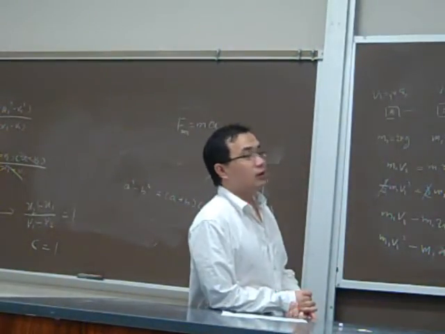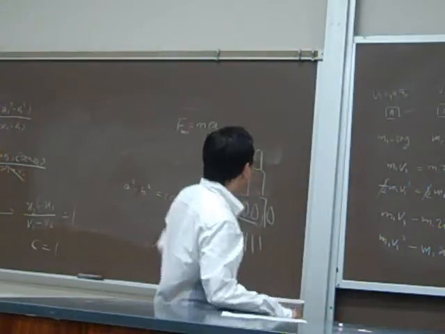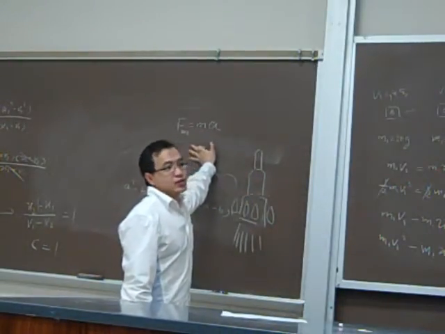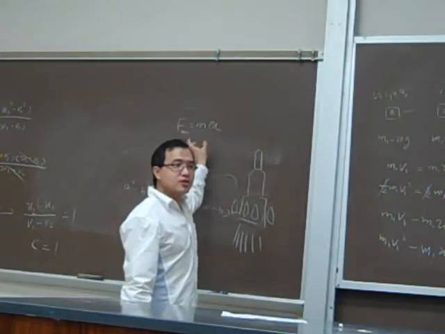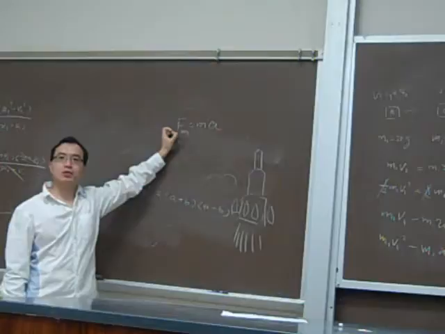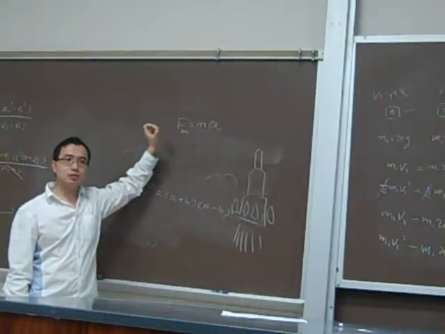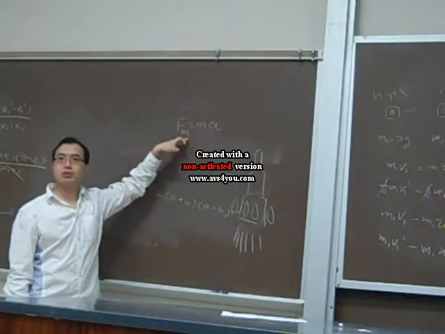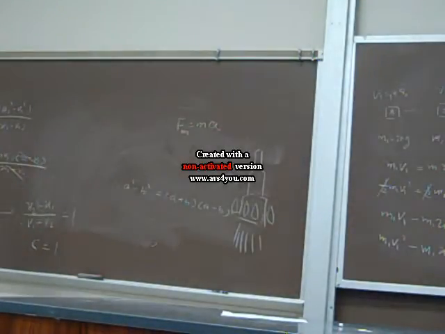Now, to solve this kind of problem, we have to extend our equation, Newton's second law. In fact, it's not even an extension. This is not the original form of Newton's second law. When Isaac Newton proposed this law, he wrote it in a different way.